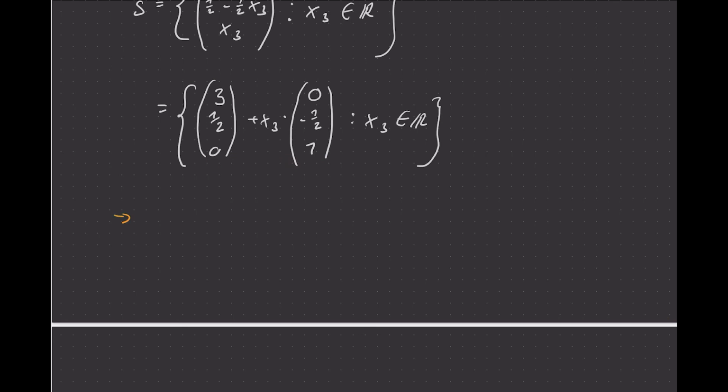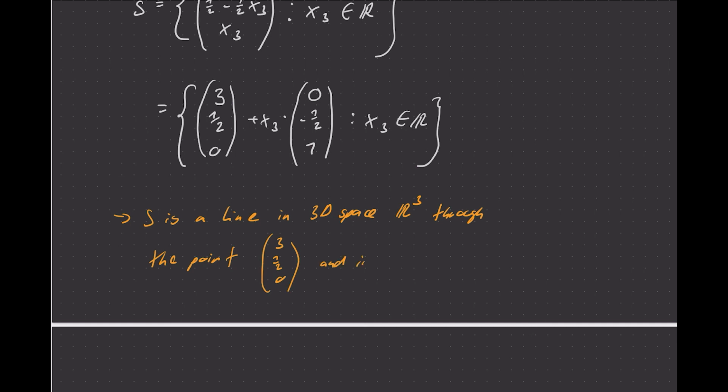Okay, so that solution set S is a line in 3D space, R3, through the point (3, 1 over 2, 0), and in direction (0, minus 1 over 2, 1).